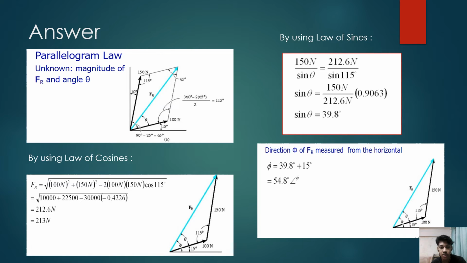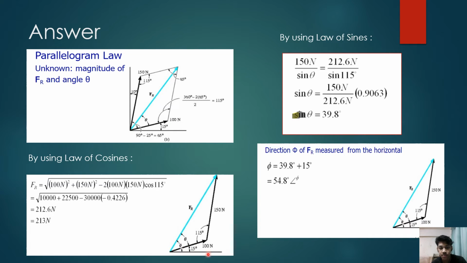Oh, I think this one is some mistake. It is only angle theta. It's not sine theta. So next we have got the angle, which is 39.8 degree. Then we will calculate the theta.